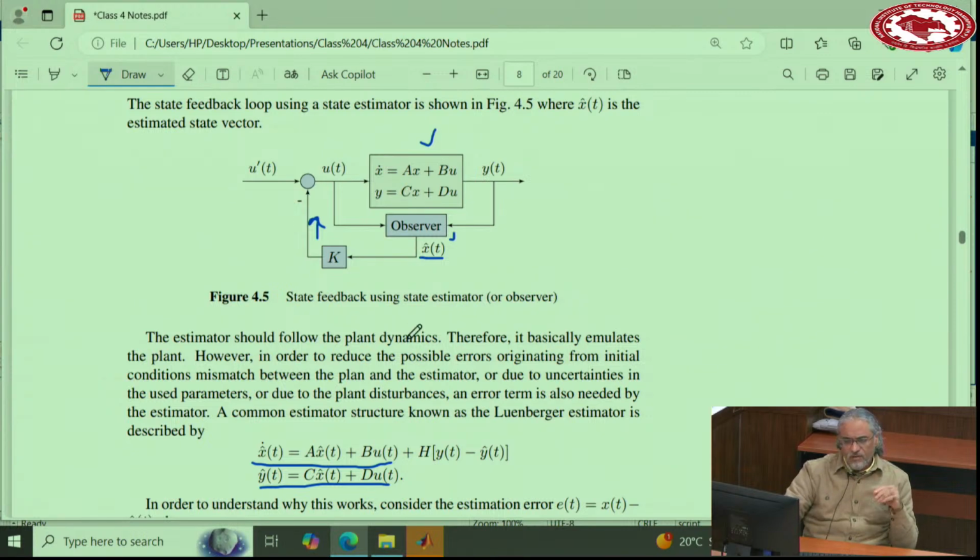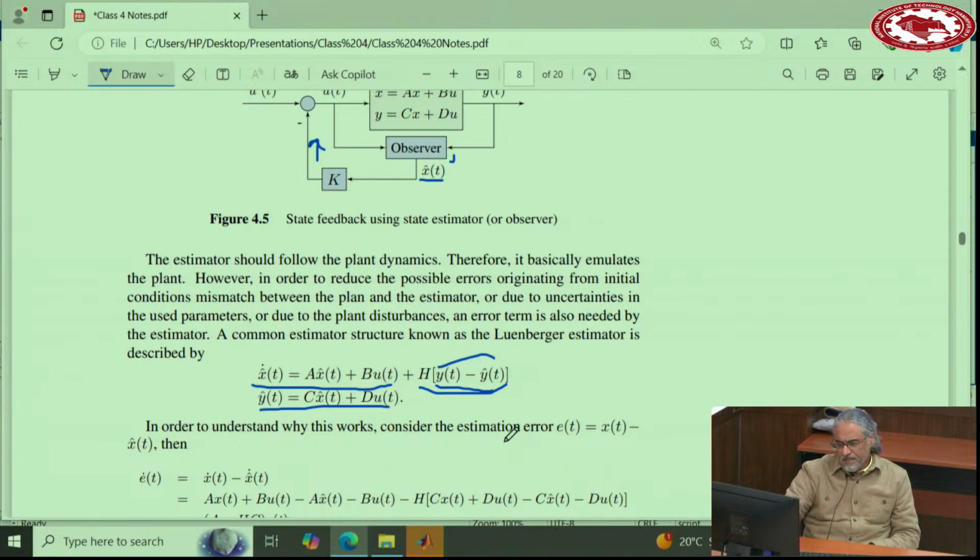So due to lack of knowledge of that, we need another feedback term to correct those errors, initial conditions and uncertainties. This feedback term looks at the output error, and it says I'm going to add this error to my state vector. Okay.